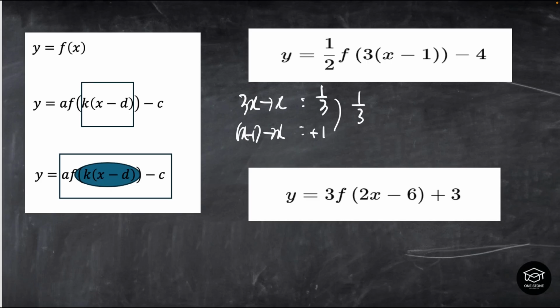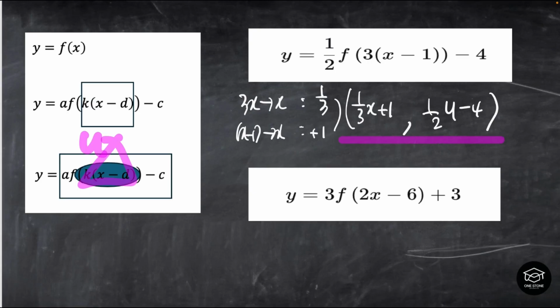So the new x-coordinate is 1/3 times x plus 1. That means a horizontal compression by a factor of 1/3 and a shift to the right by 1 unit. Now for y, it becomes 1/2 times y minus 4. That means a vertical compression by a factor of 1/2 and a shift downward along the y-axis by 4 units.